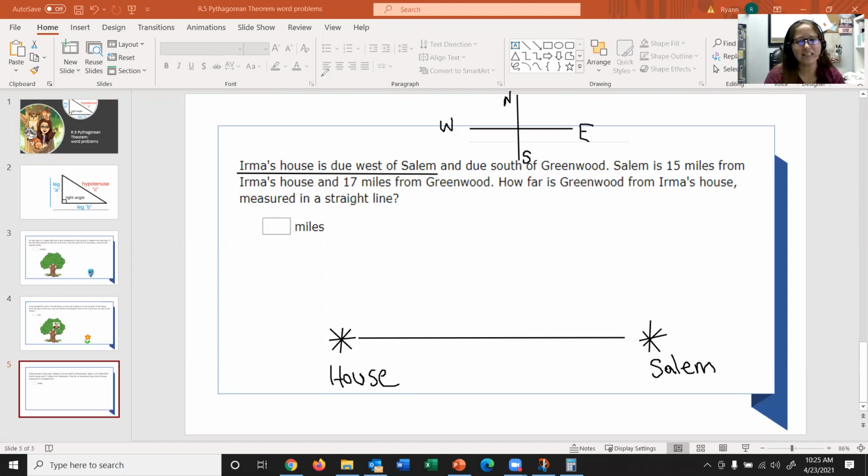It's just giving us an idea of what numbers we're going to use, where we're going to use them, and what we're trying to solve for. And then it says Irma's house is due south of Greenwood. So we're going to say that this is Greenwood, and if we go from Greenwood south, that's where we will get to Irma's house. So this is Greenwood.